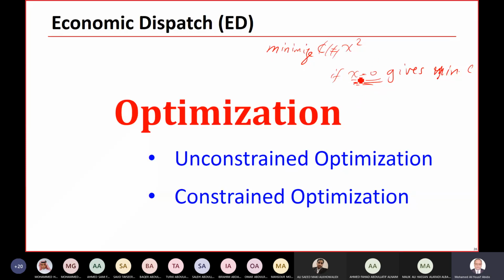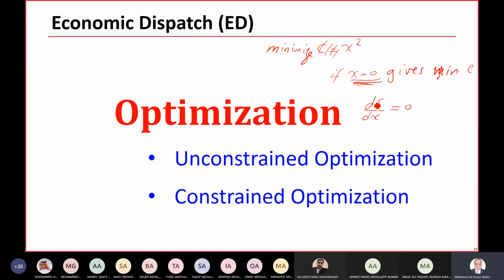Of course, in calculus you cover this if you want to search for local minima or local maxima. You take the derivative dc by dx and you equate it to 0.